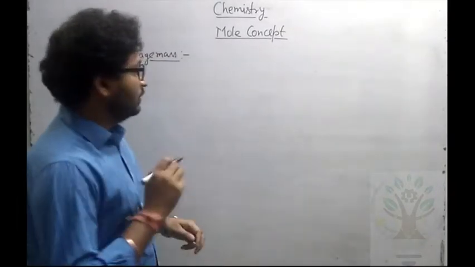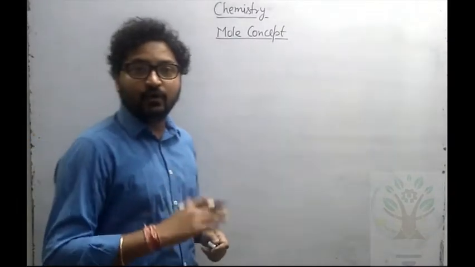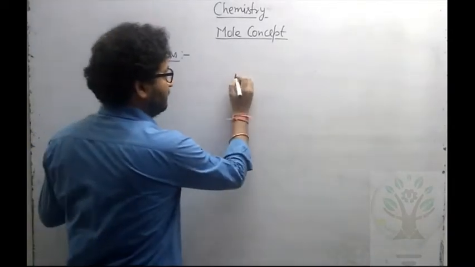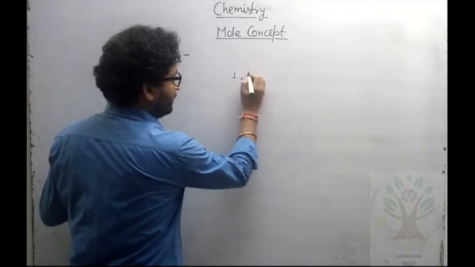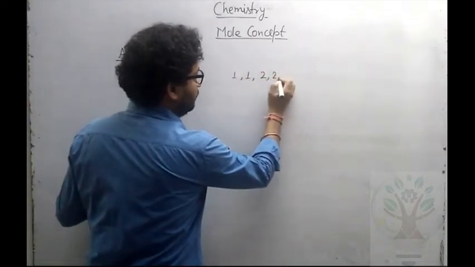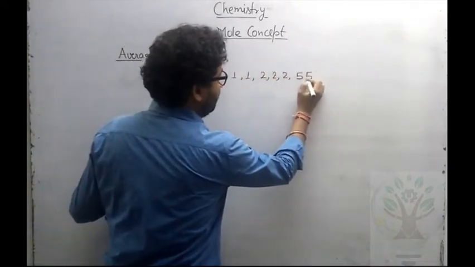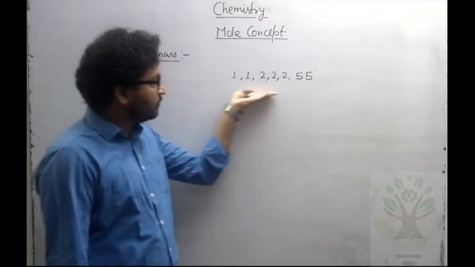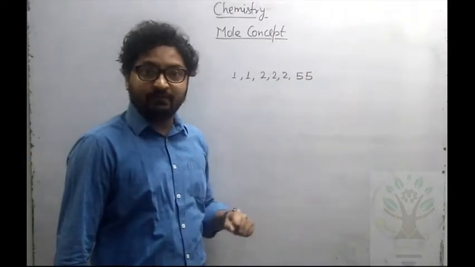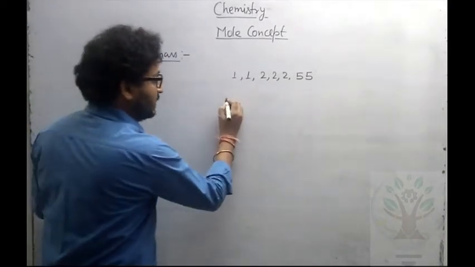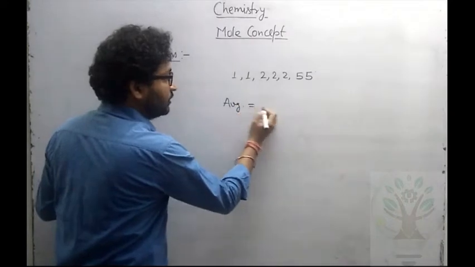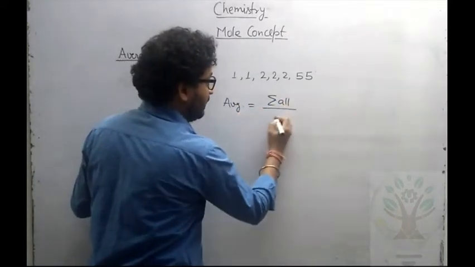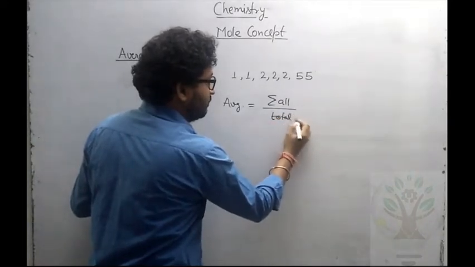Before moving forward, I would like to ask you one simple question. Suppose I have 1, 1, 2, 2, 2, 5, 5. How will I write the average of this? If someone asks how you will find the average of so many numbers, it will be the summation of all divided by the total number.